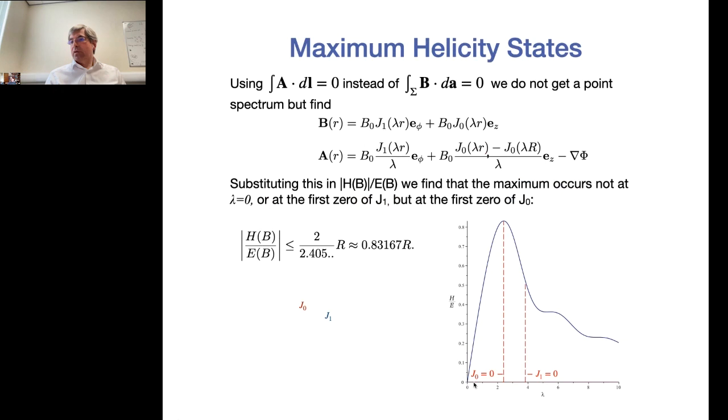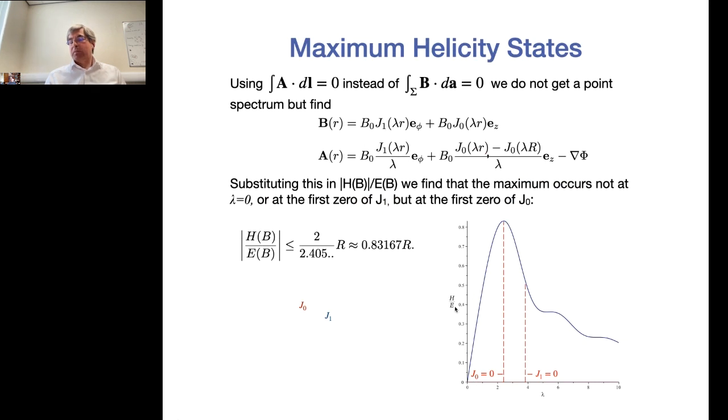So on the horizontal axis is lambda, and the vertical axis is H over E. And surprisingly, you find that, first of all, it starts at 0 and not at infinity, which we could easily expect since lambda shows up here in the denominator in various locations. And second, there is a well-defined maximum, even though we don't have a discrete spectrum.